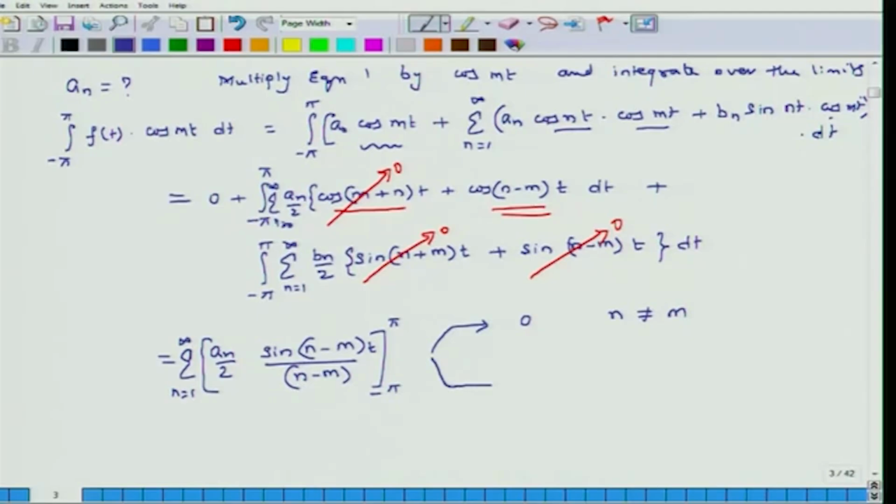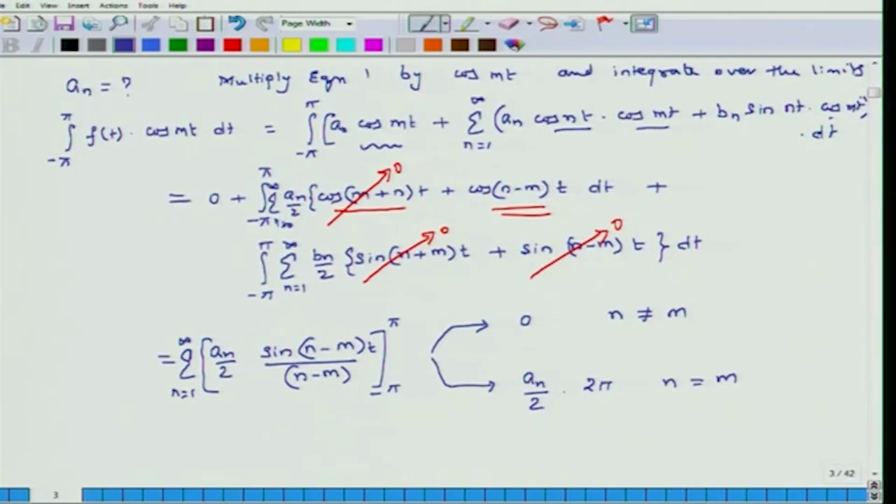And then this is equal to an over 2 times 2 pi when n is equal to m. What happens when n is equal to m? As t becomes pi, and when n is equal to m, the numerator is 0 and the denominator is 0, so I have to take the limits of numerator and denominator and get the ratio.